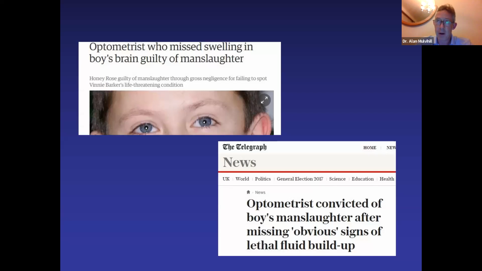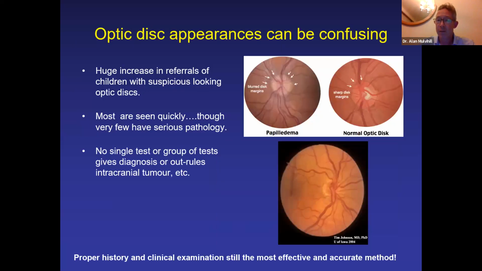I haven't seen the original images, but apparently this child very obviously had abnormal optic discs and papilledema. But it caused a lot of difficulty in the UK and a huge upsurge in referrals to pediatric ophthalmologists from doctors and optometrists concerned about papilledema.